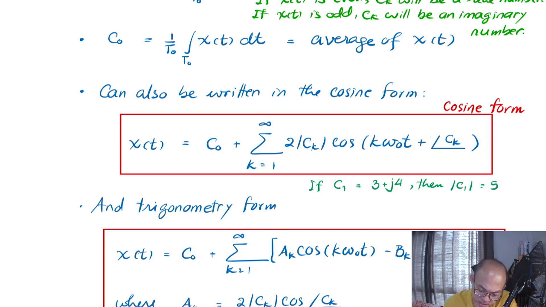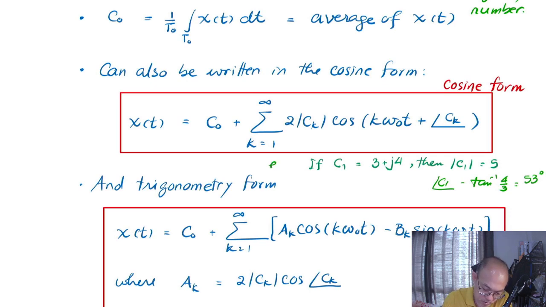So the phase of ck, in this example, will be the arctangent of 4/3, and the arctangent of 4/3 is 53 degrees. This is c1, sorry. This is an example.